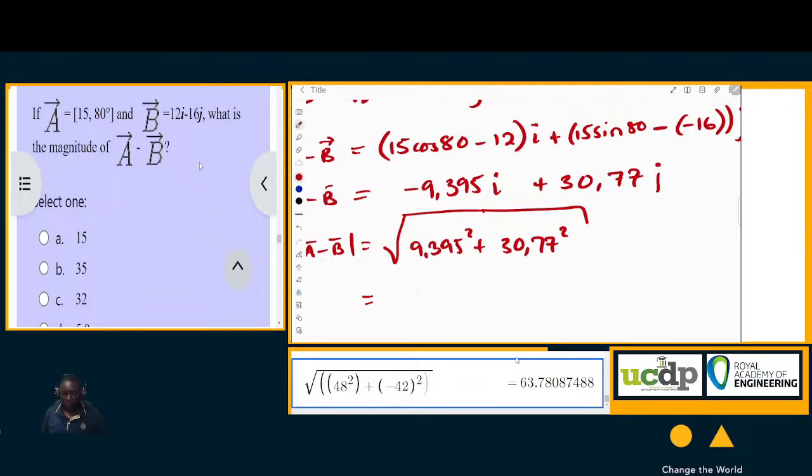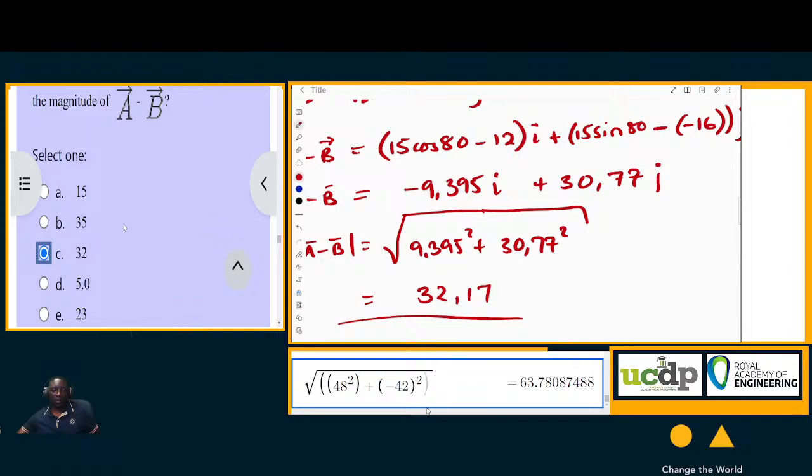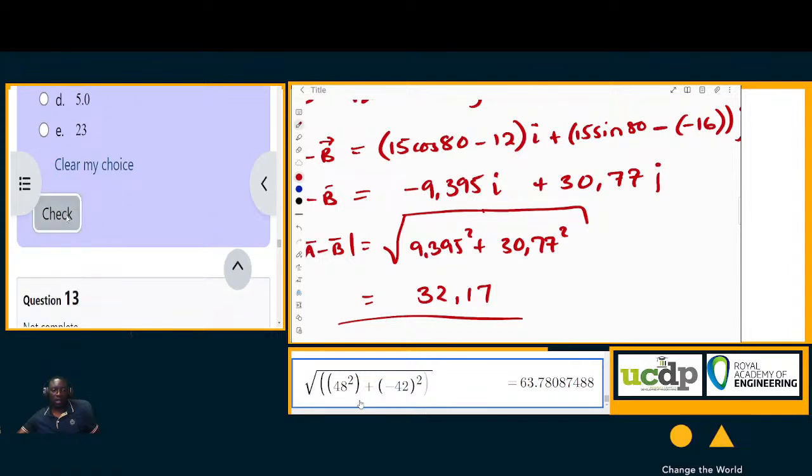And this is giving 32.17. This is the magnitude of vector A minus B. Are we following, guys? 32.17, the magnitude is still 32 there, and that should be okay.